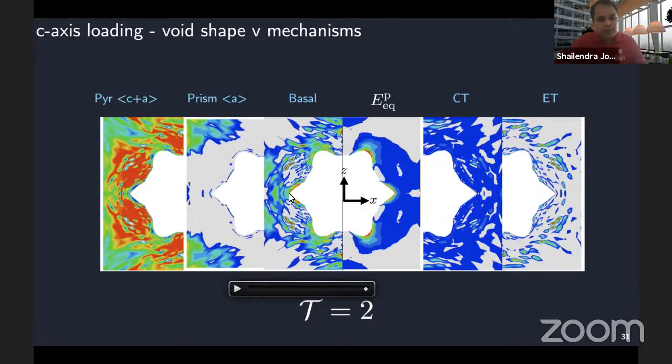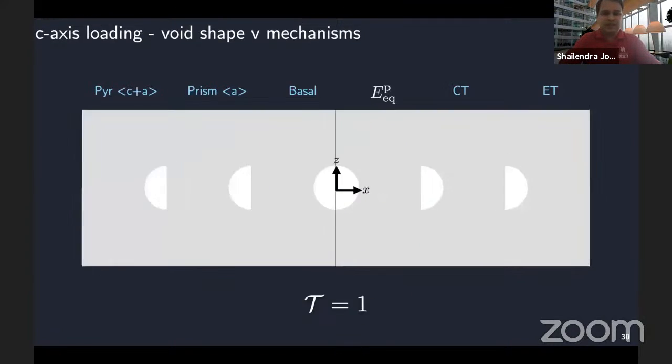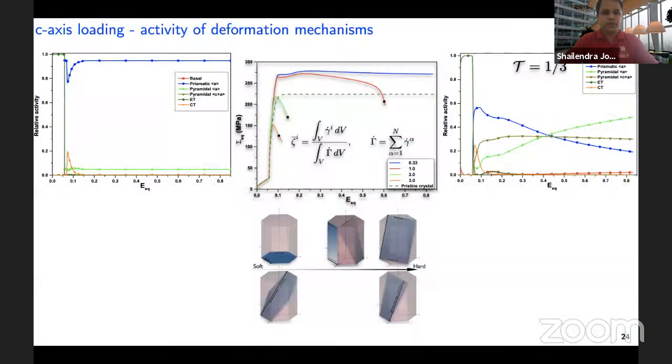Those simulations do show us that there is a certain ratio of stress, the initial yield stress to the second level of yield stress that we see in these. Let me show you what I'm talking about.